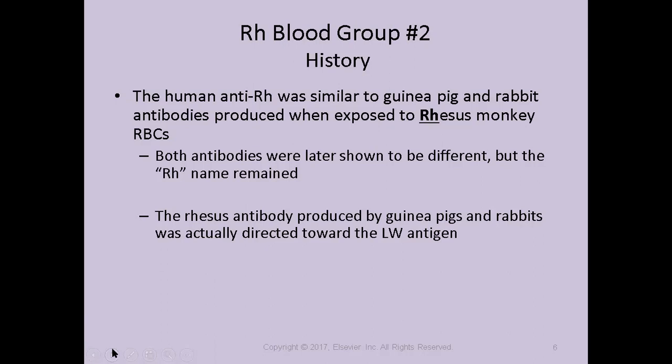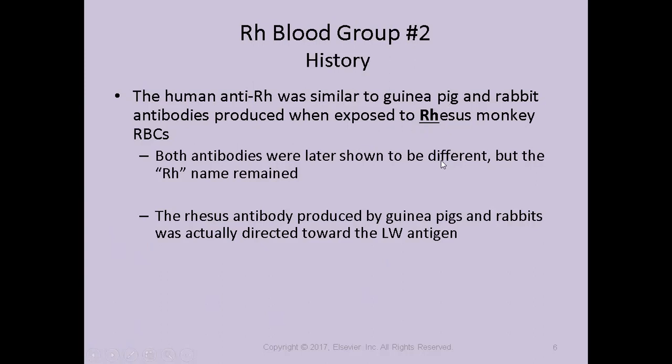A little bit more about the history. This human antibody, anti-RH, they found was similar to antibodies that were produced in guinea pigs and rabbits when they were exposed to the red cells from the rhesus monkey, okay? And so that RH here is how our RH blood group system got its name.